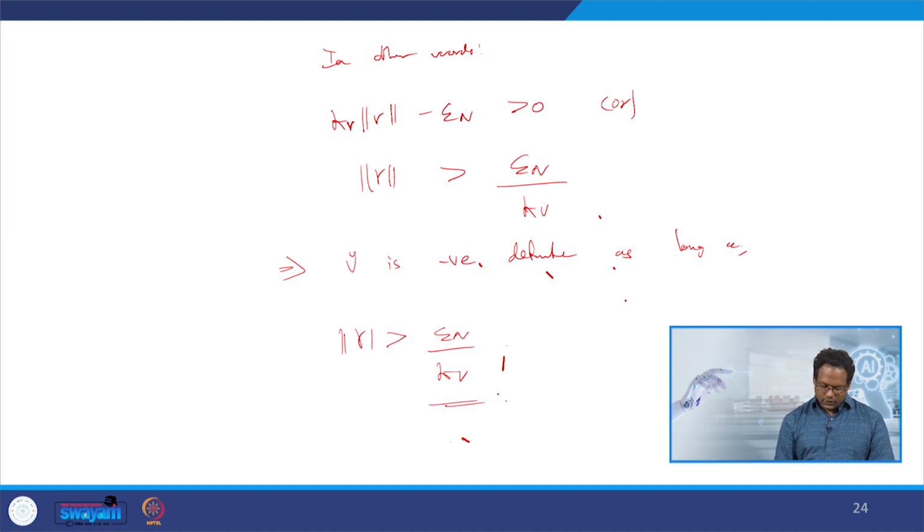Okay. So, that is the case which we can say that r is inside a ball of radius which is given by epsilon n by kV. Thus, by choosing kV to be larger, r can be made smaller, facilitating the tracking task.